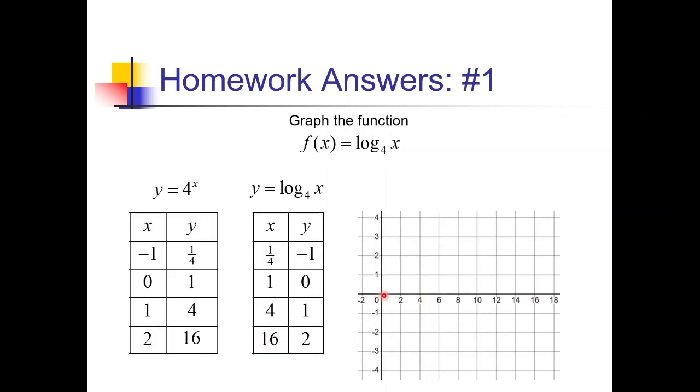So we have 1/4 comma -1, it's right about there. And 1 comma 0 is here, 4 comma 1 is up here, and 16 comma 2 all the way over here. And we have a vertical asymptote on x equals 0 since there was no shift. So we're going to do that asymptote, go through these points, and this will give us our logarithmic function.